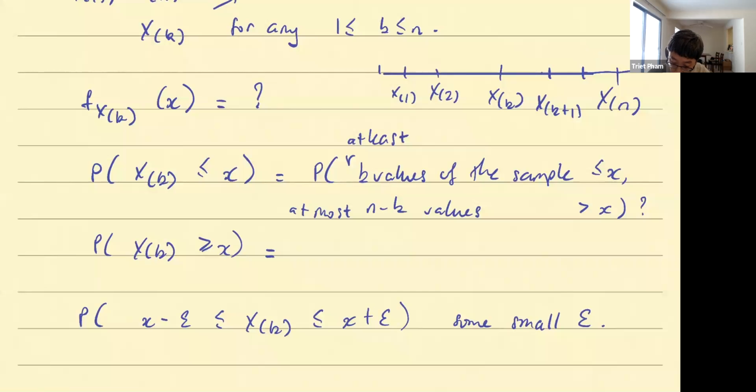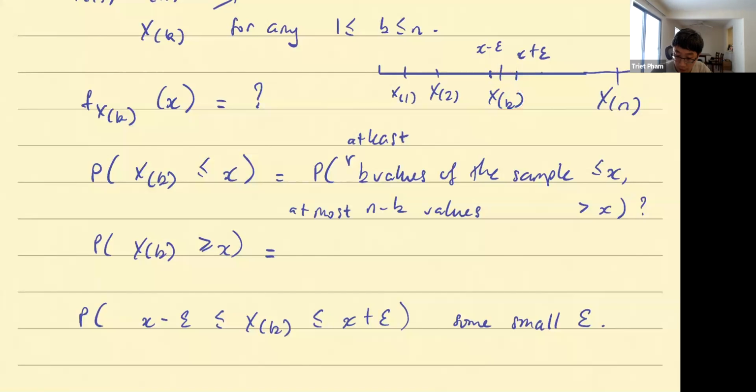If you choose a small enough epsilon, epsilon is just some small error, then within that band, the only sample value that should be in is your kth order statistic and nothing else.